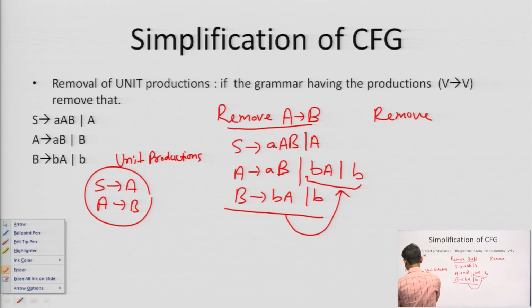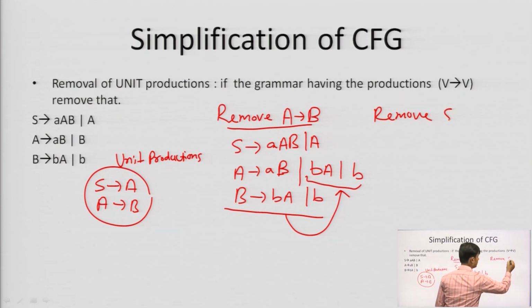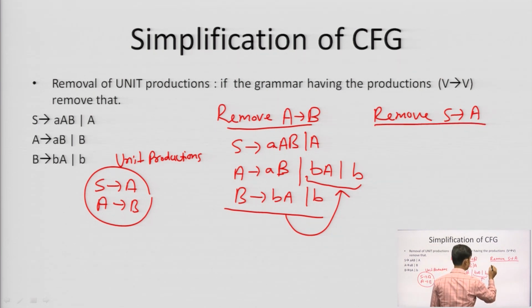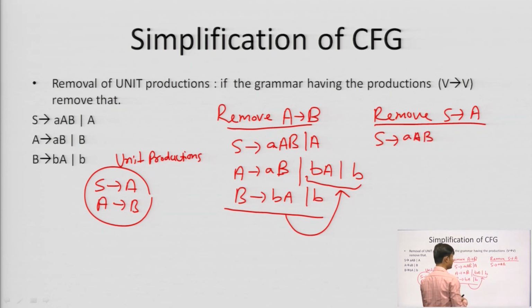Again the same thing, we have to copy whatever A production we have to S, to remove S to A. Here you see S to A, B will remain the same, we have to remove another production S to A.